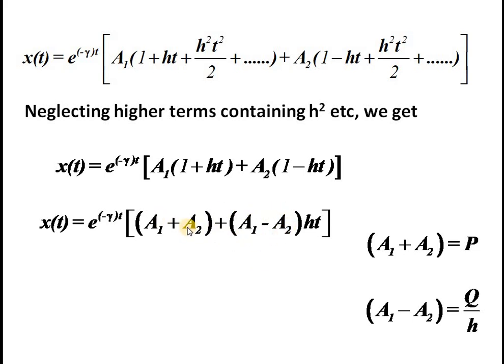So we can rewrite this equation as x of t is equal to e raised to minus gamma t into p plus qt. So we got the solution now.